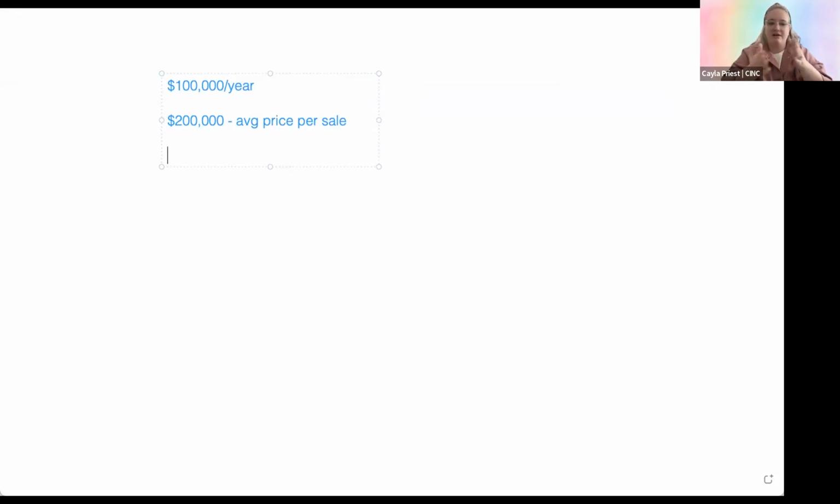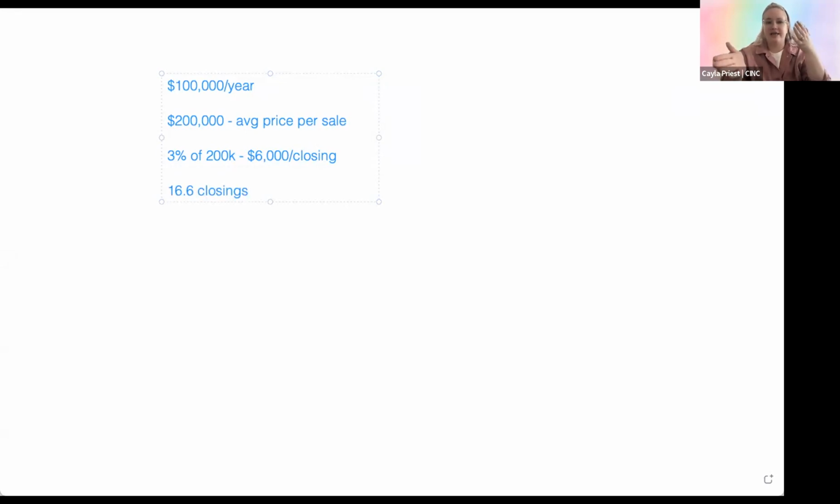Again, that's going to vary from market to market, agent to agent, whatever your agreement is, but just to use that nice, easy number, what is 3% of the 200,000? That is $6,000. So essentially we're saying per closing, I'm making $6,000. So if I wanted to make $100,000, I'm now doing essentially 100,000 divided by 6,000. How many deals do I have to get to do that? And that's going to be 16.6.